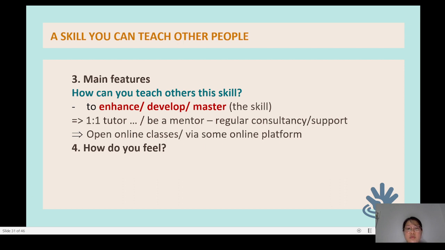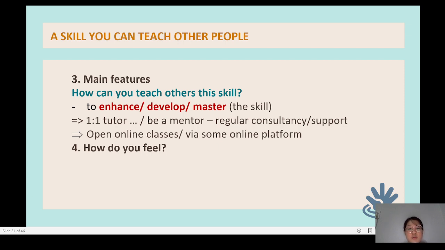And you also should mention your role in this skill, that you are a one-to-one tutor, or a mentor, or a regular consultant, or a regular supporter, and so on.